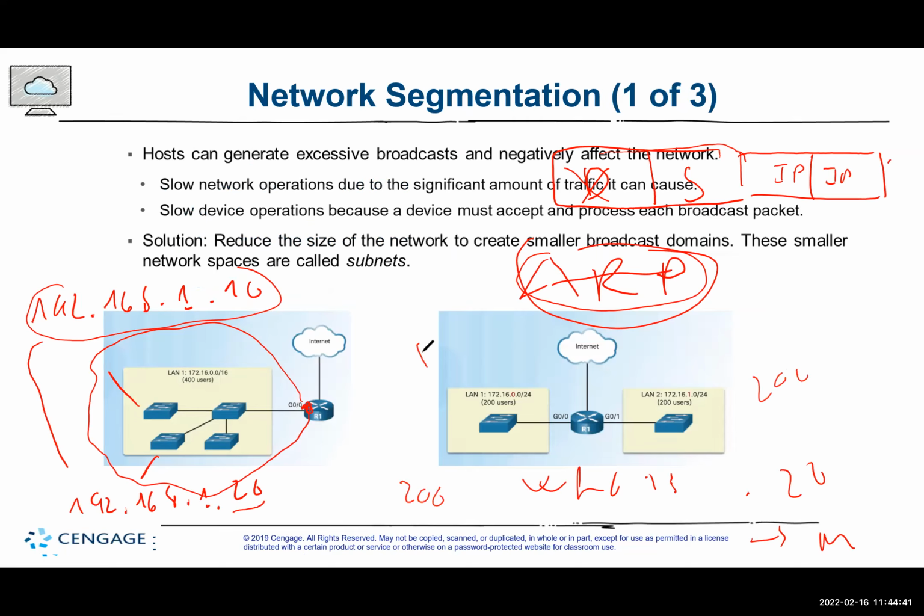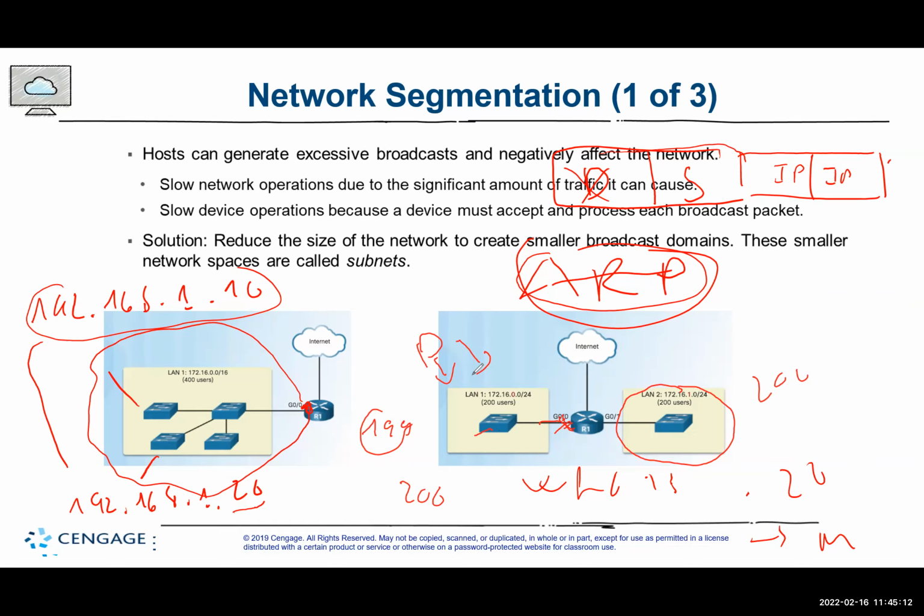If one guy from this network sends a broadcast message, only the other 199 computers on this network have to handle and process it. When it reaches the router, the router stops it, so it does not impact the 200 users on the other network. Does it make sense?